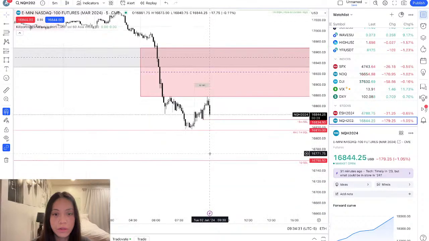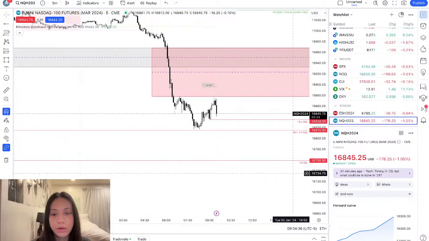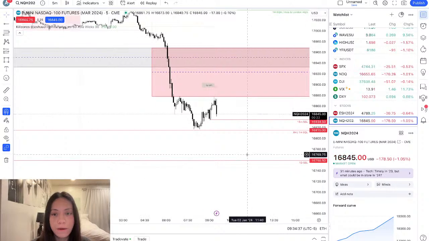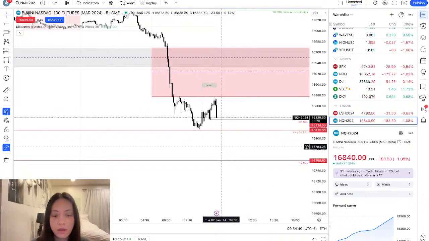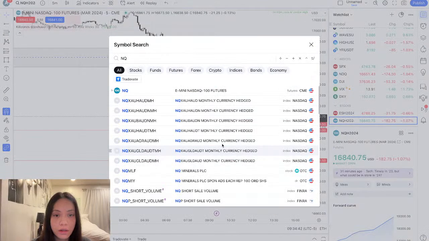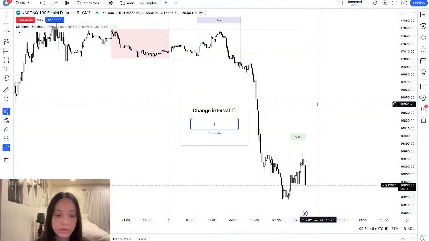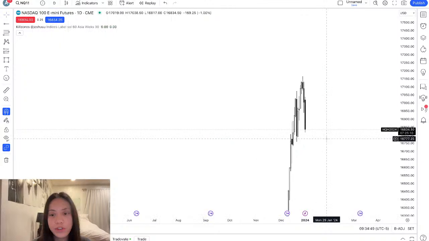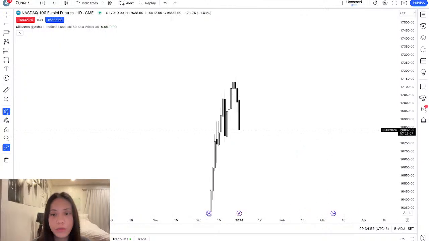Basically, I don't like to trade the open because it's a little bit volatile. We don't have news today, but I like to start with a top-down analysis.